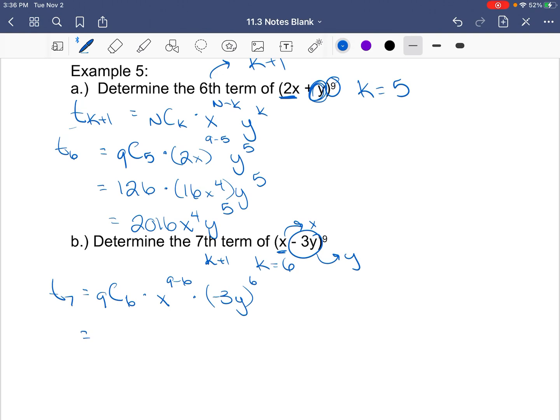So 9c6, oops, that's 9. 9c6 is 84 times x to the 3 times 3 to the power of 6 is 729, and it's an even power, so that's going to be positive. y to the 6th. So that times 84 is 61,236 x cubed y to the 6th.